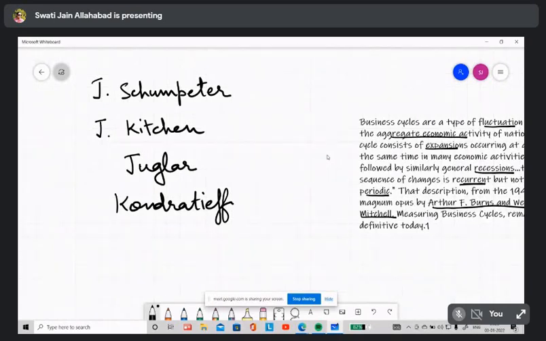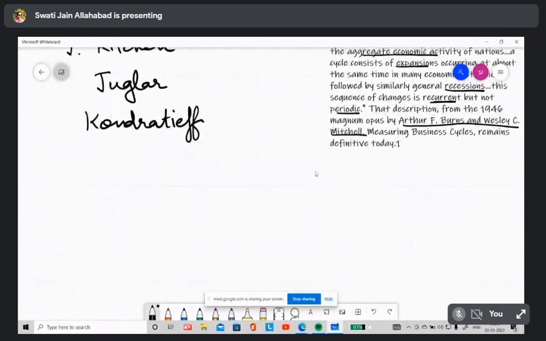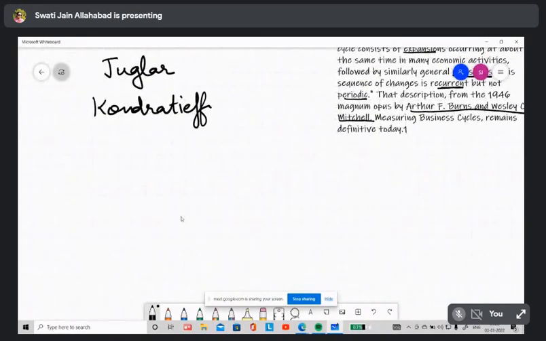Okay, so there can be various phases of the business cycle which we can discuss according to various economists. But generally, when we talk about business cycles, there are four phases.